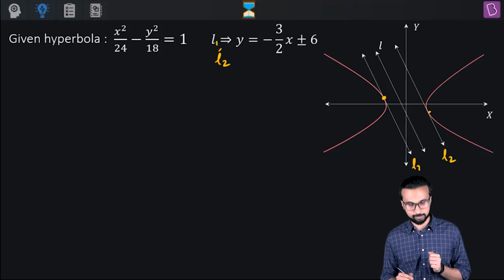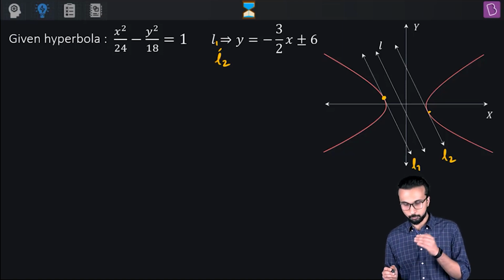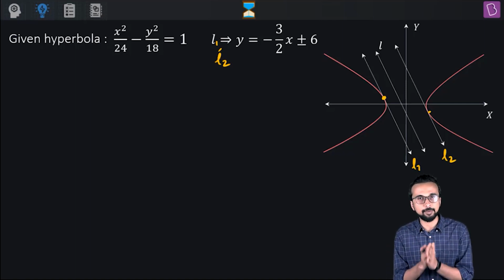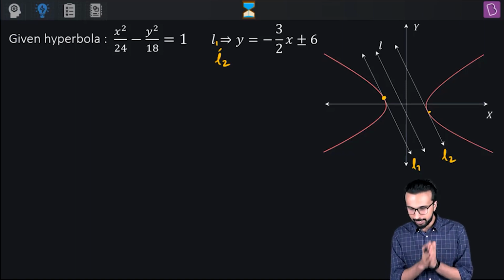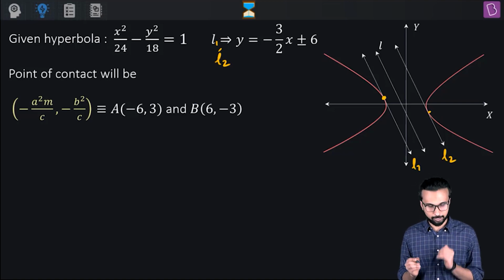So we have our points here. The point of contact of L1 with the hyperbola is A and the point of contact of L2 with the hyperbola will be B. How do we get the point of contact here? Minus a square m by c, comma, minus b square by c.